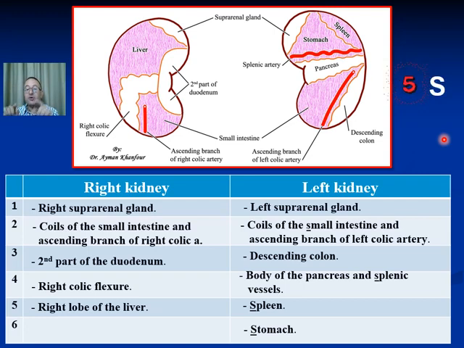Try to draw them and write them by yourself. What is this number which appeared suddenly? Oh, I have 5S structures present on the left side. Suprarenal, spleen, stomach, splenic artery, small intestine. This is just to summarize.